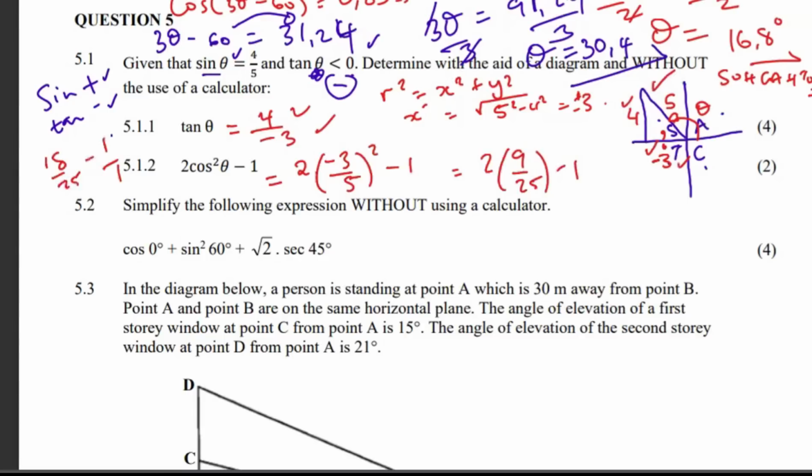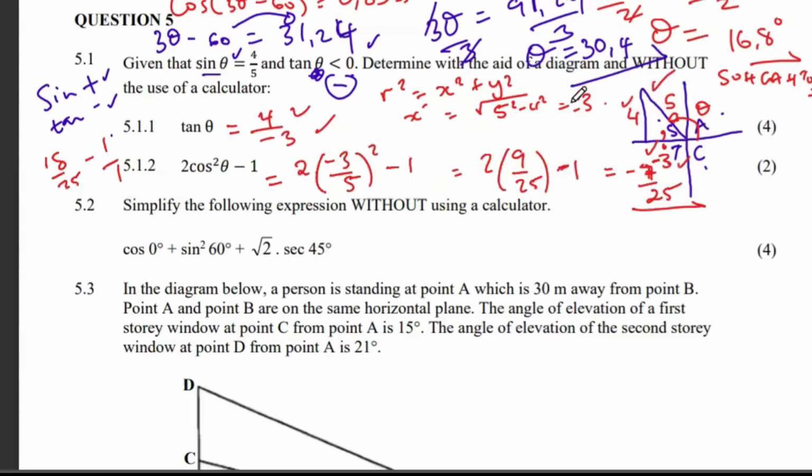You subtract 1, which should give us negative 7 over 25. That's what I'm getting, guys. For people that are doing it, tell us how you approach this question.